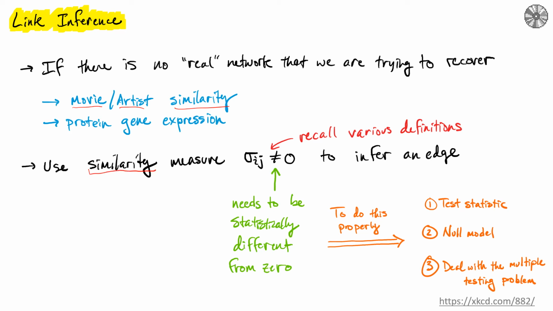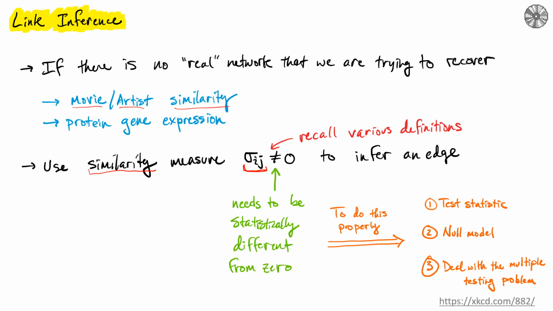If we use the similarity measures that we already have defined previously, this would tell us some information about whether or not nodes I and J really ought to be connected. This similarity is a real value, and we're going to say that it's going to be not 0 if we want to infer the edge.